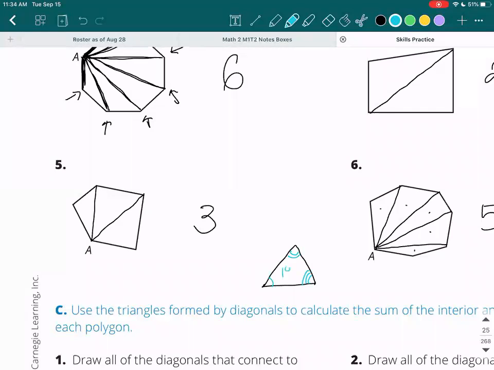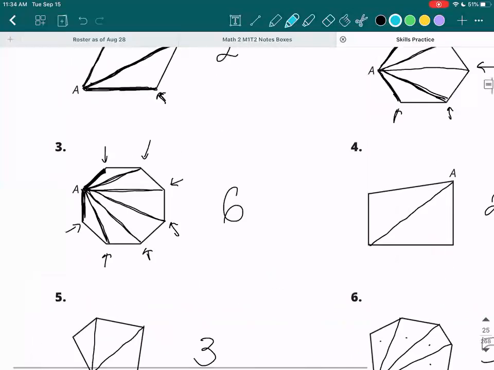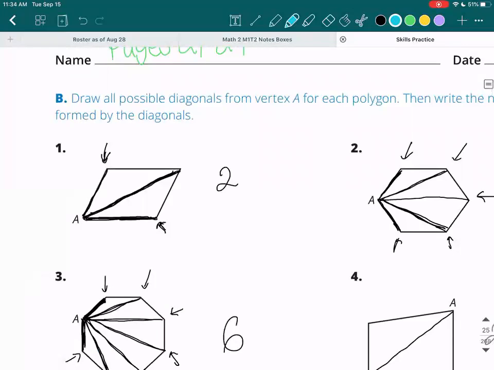Perfect. Okay, let's just start with 1. So if we add up this plus this plus this, that gives us 180.